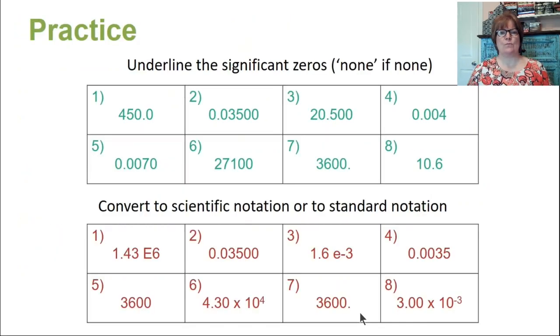When we get to class, I'm going to have you practice this, but if you want to pause and take some time to practice, underline the significant zeros. I'm not worried about the non-zero numbers because they are significant, but if you want to underline them too, that's fine. In the second case, try to convert these numbers to scientific notation, or from scientific notation to standard notation.